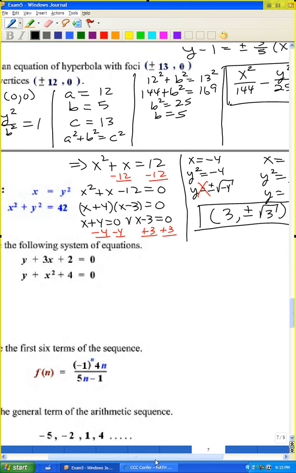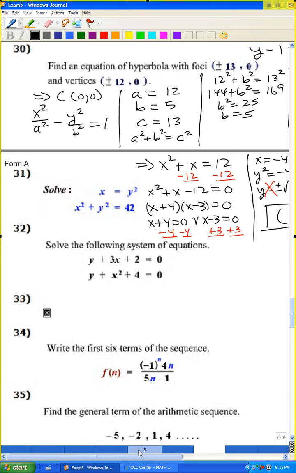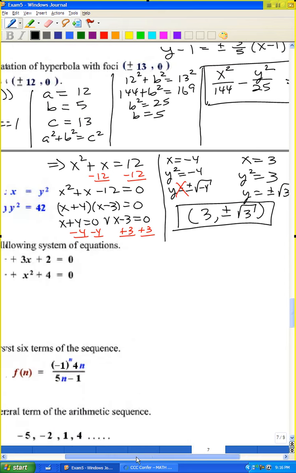Solve the following system. Okay, so let's do that. Let me subtract these equations. So I have here, oh, I got to figure out what the heck 33 is. Okay, let me do this.